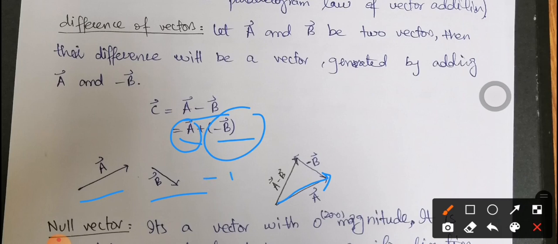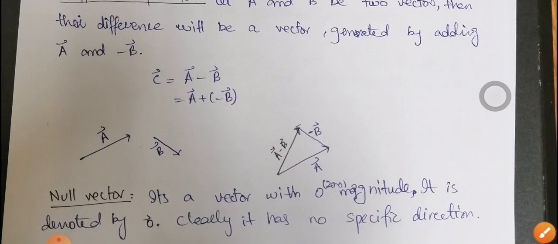In order to get minus B, we reverse the direction, so it will be in upward direction. Here you can see minus B, and we are just adding these two to get the resultant A minus B.